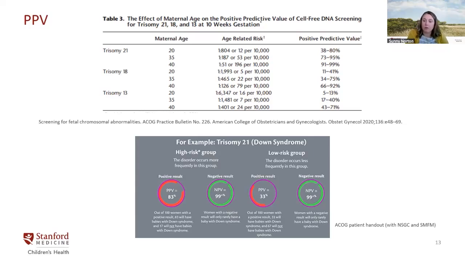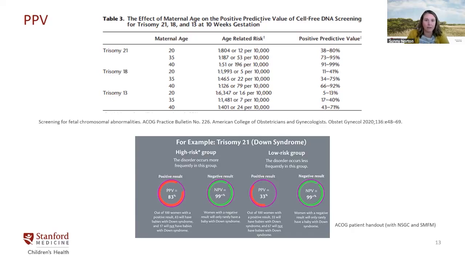However, in a situation where we have a 40-year-old with a positive cell-free DNA for trisomy 21, the positive predictive value is much higher in that situation, in the 90% range, 91 to 99%, depending on the lab and other factors. So this kind of demonstrates that the same test, the same technology, which was usually just reported as a high-risk result, might actually have very different implications depending on other factors in the pregnancy.